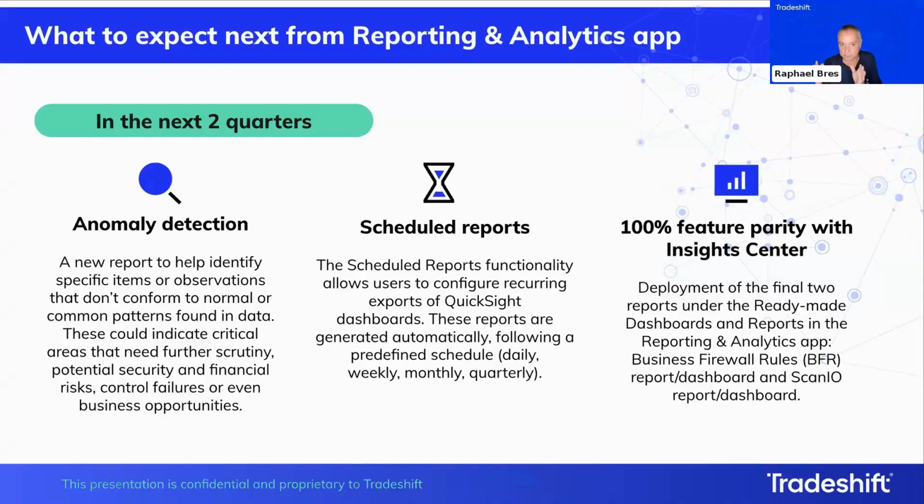So when it comes first to reporting analytics, in the next 2 quarters, and we are also calling for beta customers who can give us some input, we are going to release the first anomaly detection report. That will be a combination of existing metrics. If you go into the workflow dashboard and data set, you will see that you can already identify anomalies in terms of process.